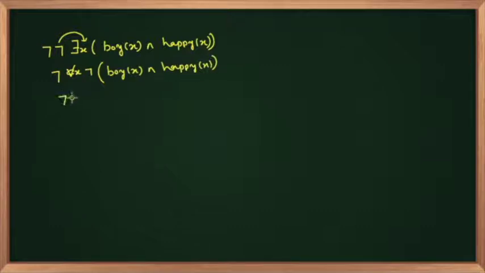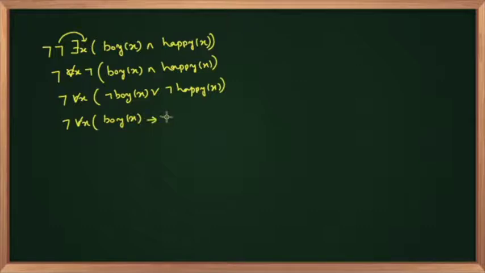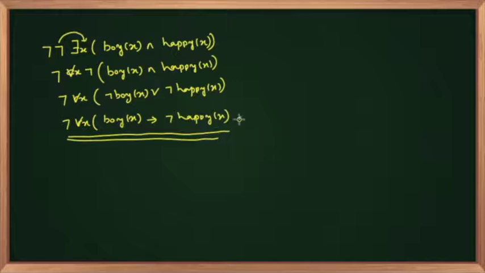Now negation for all x: I have boy of x and happy of x, so if I negate this, this will be equal to not boy of x or not happy of x. Then I can write for all x, this as boy of x implies not happy of x. Right, so this is also equal to there exists an x, boy of x and happy of x.